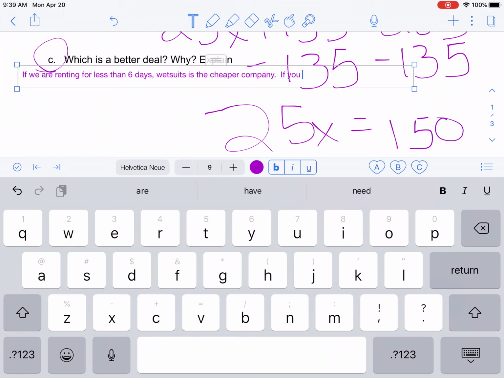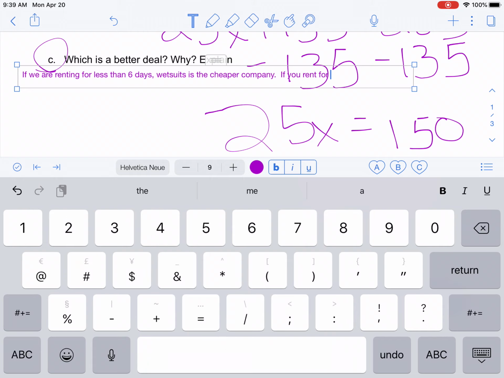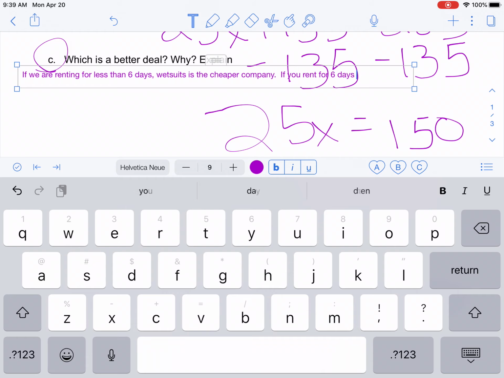If you rent for 6 days, either company will work because they will be the same price.